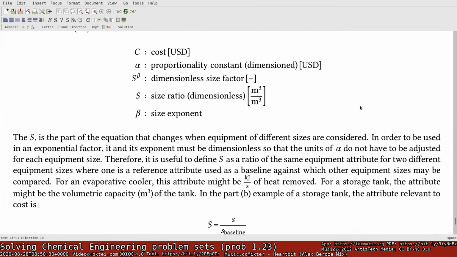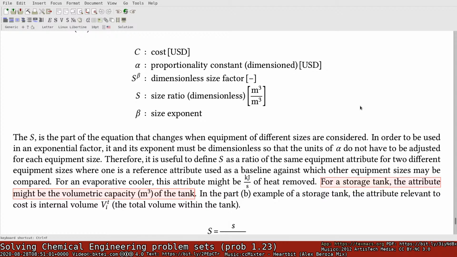Internal volume, V sub I, the total volume within the tank. So I guess that kind of makes this part redundant, so let's try to come up with another example.